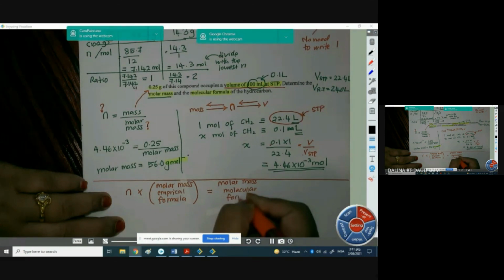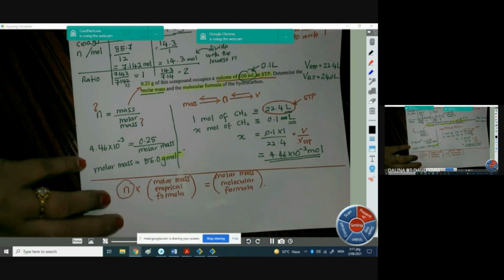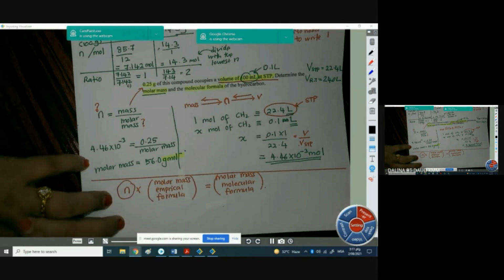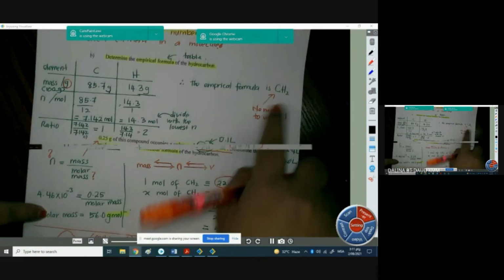Okay, so kita nak cari N ni lah sebab baru kita boleh buat formula. Kita nak tahu berapa perkali yang menyebabkan nilai sebenar, formula yang sebenar. So N times with molar mass of empirical formula. So our empirical formula is CH2.